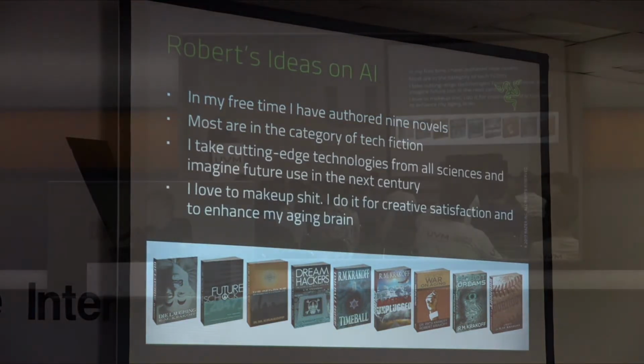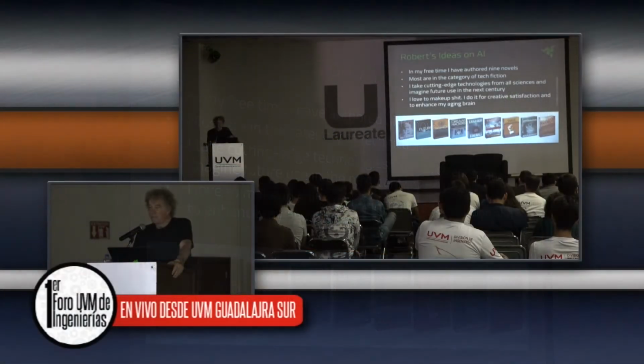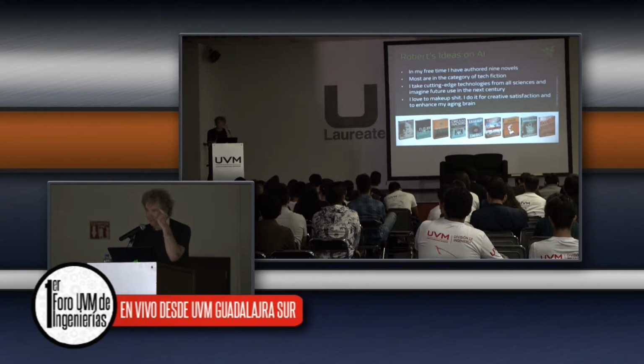So I do it for creative satisfaction, but most importantly, I do it to enhance my aging brain. It's good for the brain. Okay? That's important to remember. I do it to enhance my aging brain.